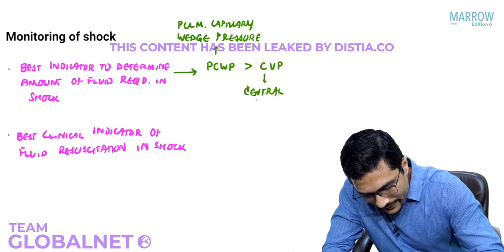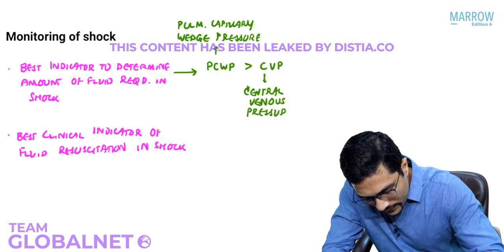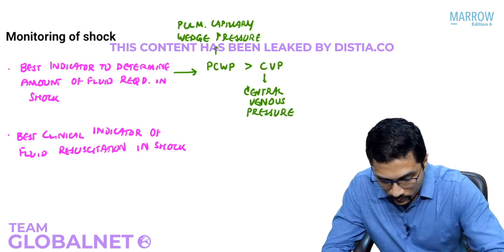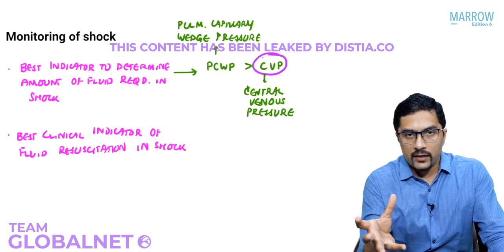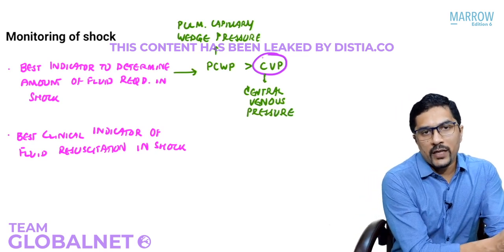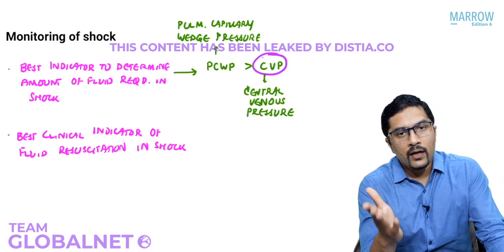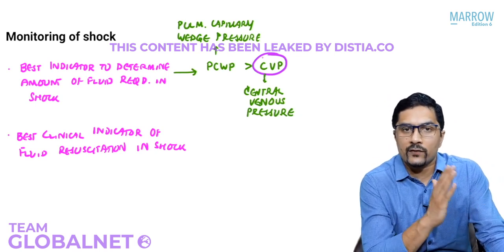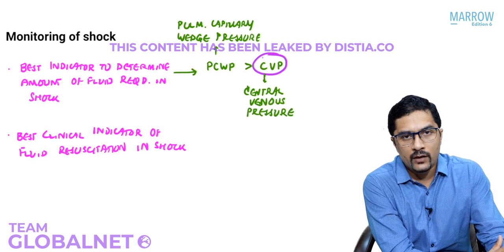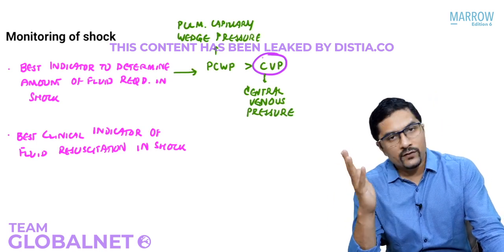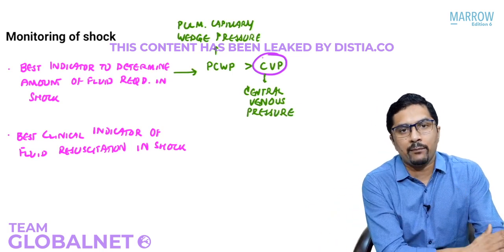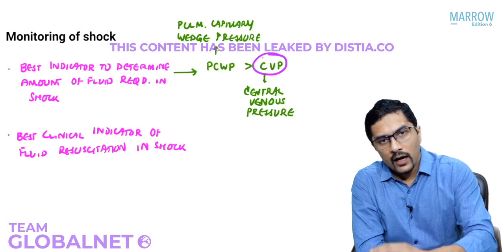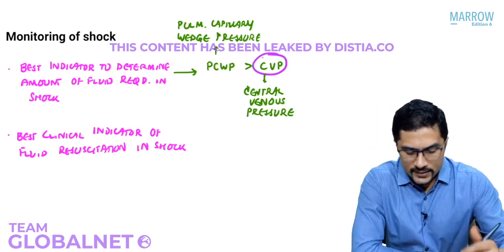For all practical purposes, it is the central venous pressure which we use to determine how much fluid to give. But theoretically speaking, pulmonary capillary wedge pressure is a better answer than CVP because it gives you an accurate indicator of the left-sided heart pressures, whereas CVP gives you an indicator of the right-sided heart pressures. So theoretically pulmonary capillary wedge pressure is a better answer. Otherwise, for practical purposes, it is CVP.